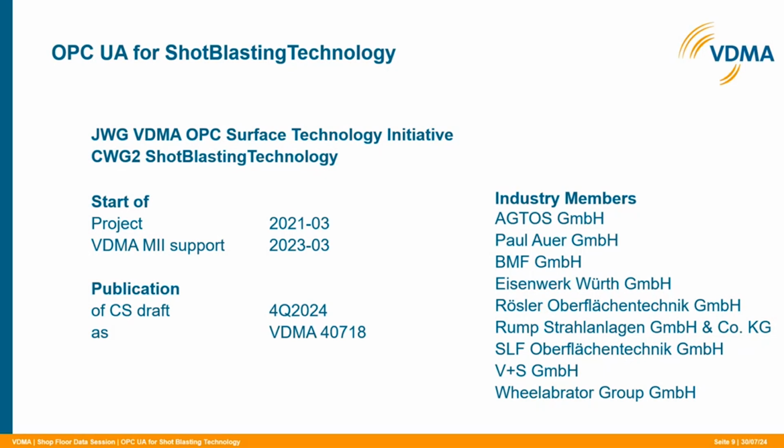So we expect that the companion specification draft will be published in fourth quarter 24 as VDMA 4718. And that's it from my side. Short introduction, and now I hand over to Christopher for the deep dive.